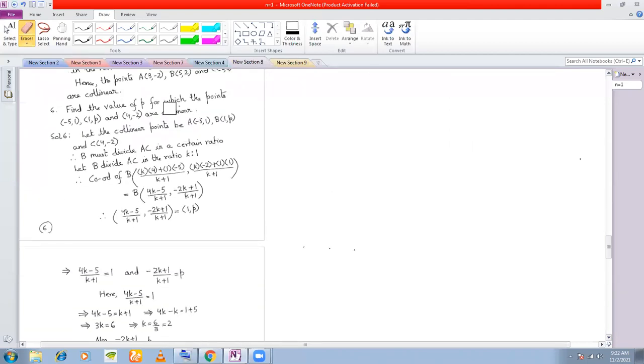Number 6. The question here is find the value of P for which the points (-5, 1), (1, P), and (4, -2) are collinear. That means these points are already given to you to be collinear.